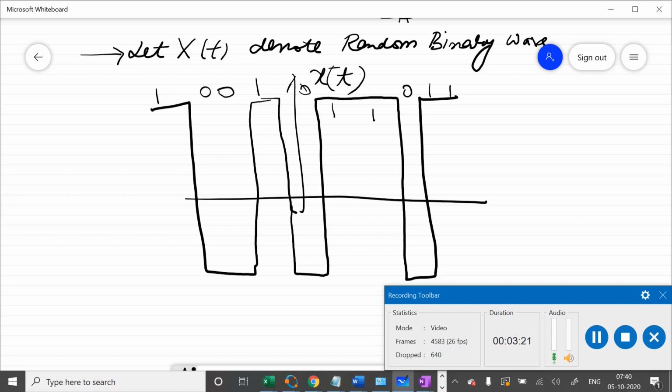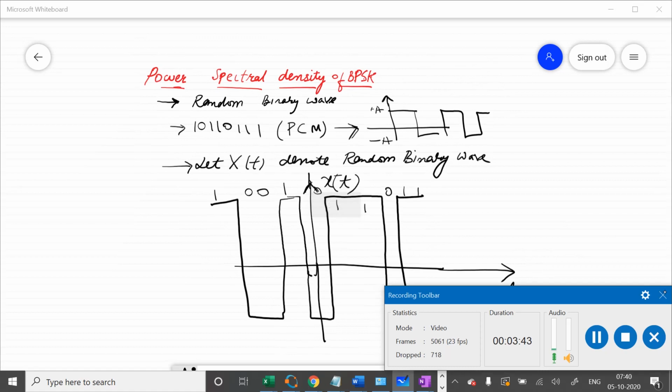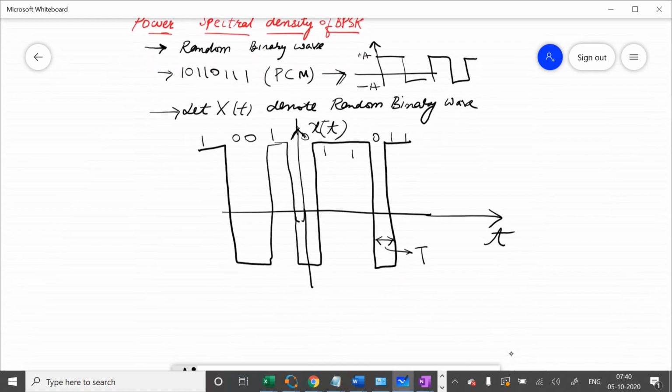The time interval for the symbol period is capital T. Now this is your origin.